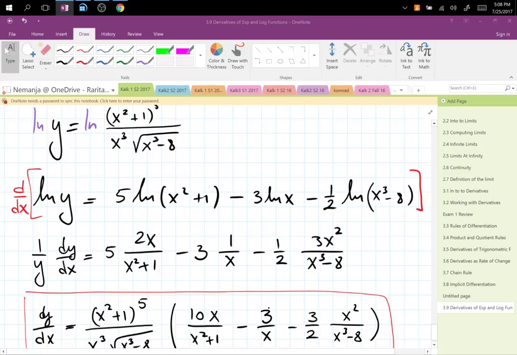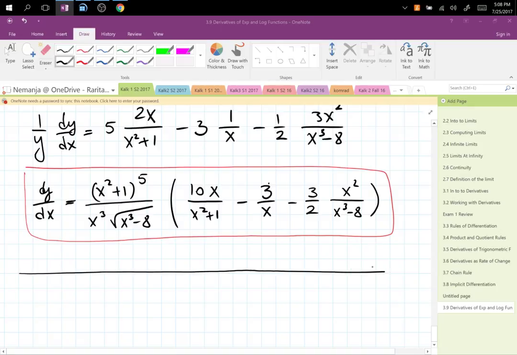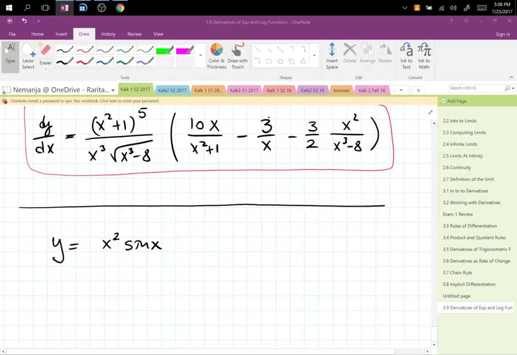Yeah. You see, let's consider a problem that you did for product rule, where you were looking for the derivative of x squared sine x, right? If you ln both sides, you come up with ln y is equal to 2 ln x plus ln of sine x, right?